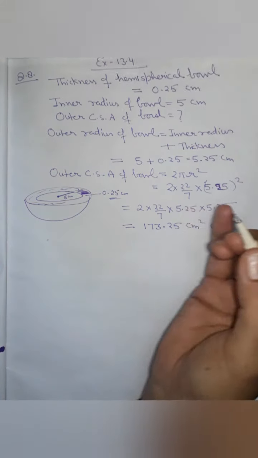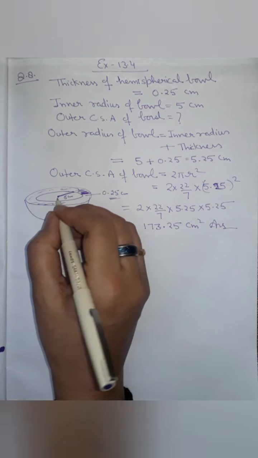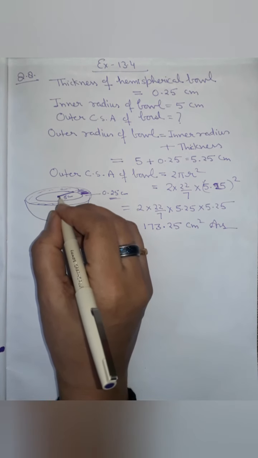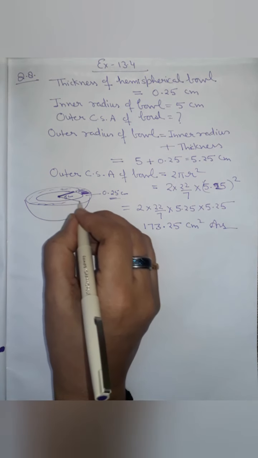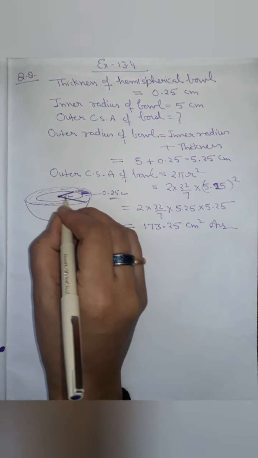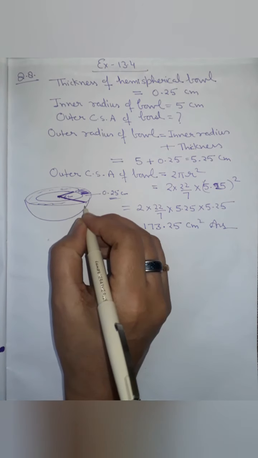Small r, you can say, if we are considering inner radius as a small r, and outer radius will be equal to inner radius plus thickness. Means total of inner radius plus thickness will give outer radius.